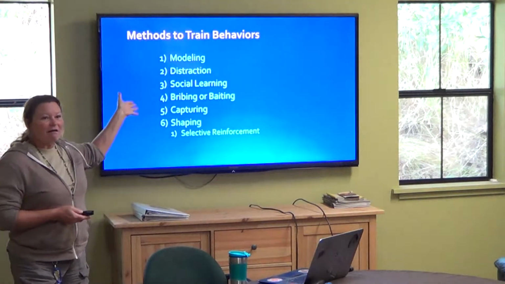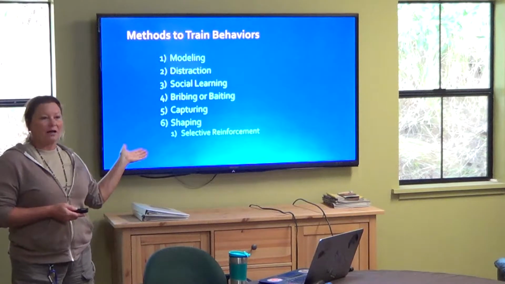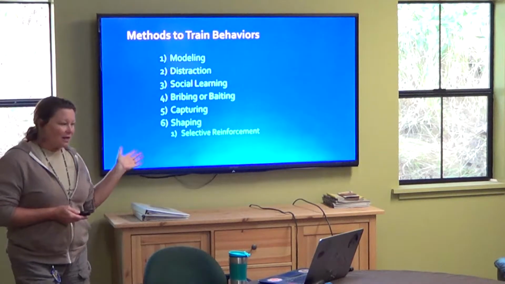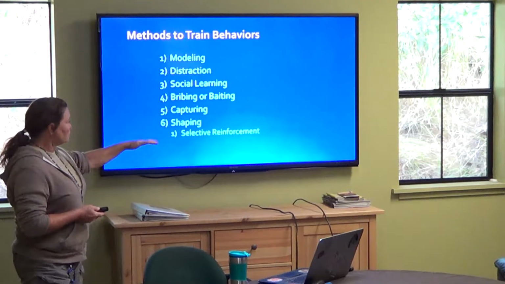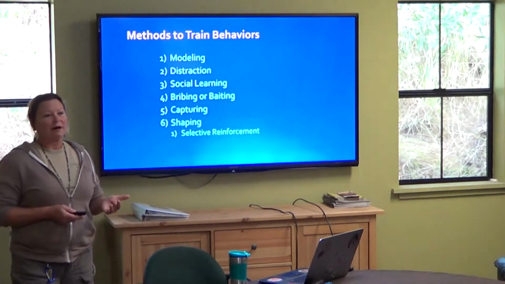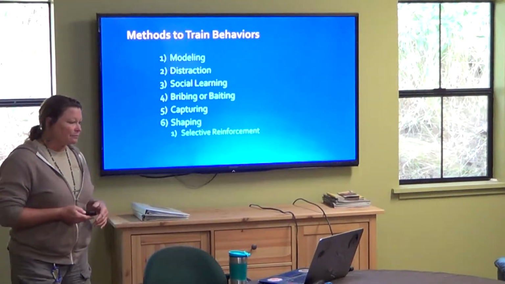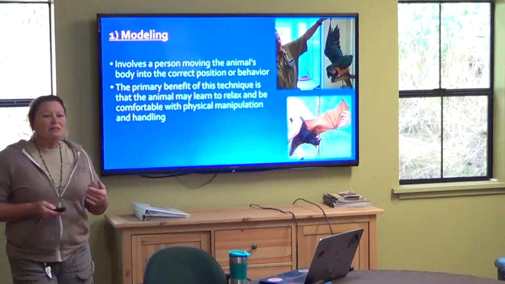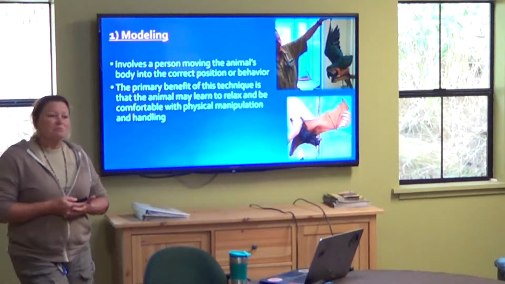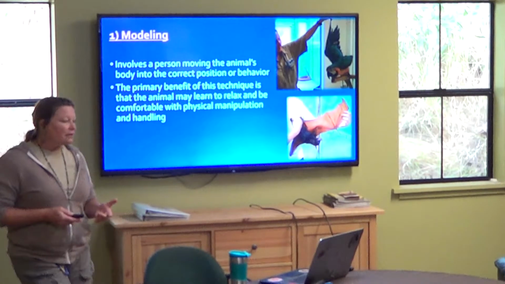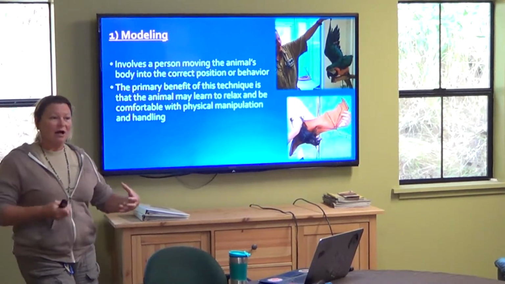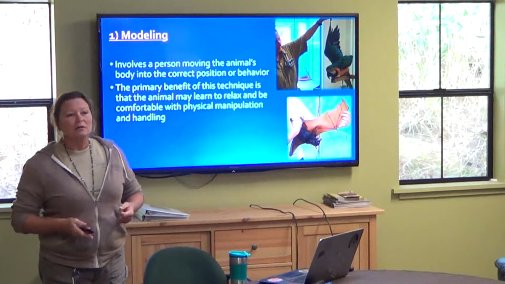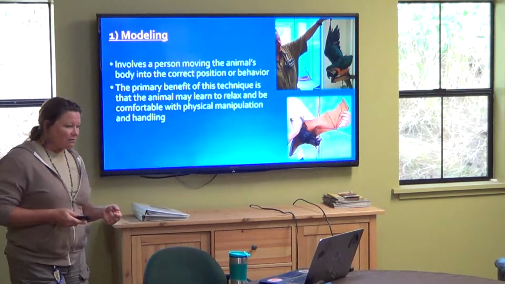So these are some of the methods that you might use to train new behaviors, and I just put selective reinforcement underneath shaping because I'm going to talk a little bit about that as a part of shaping. Just to review what each of these might mean, modeling is when you take the animal's body, or the subject's body, and physically move it into the position that you want.